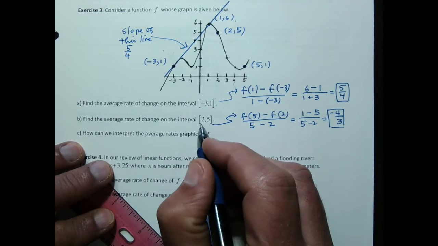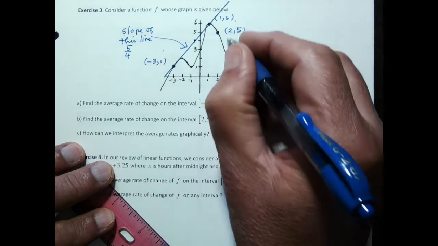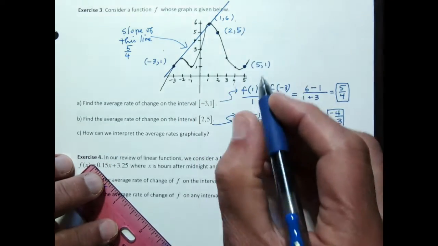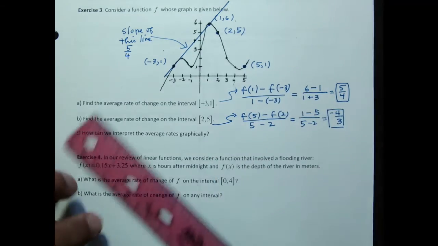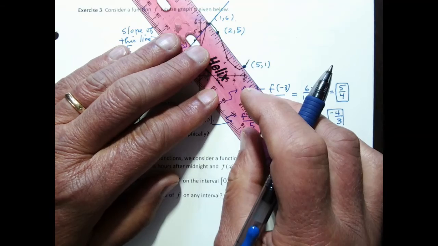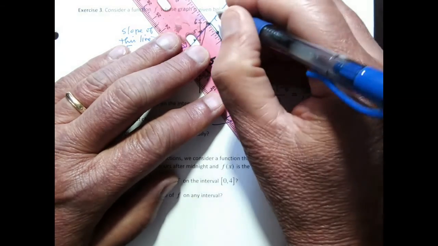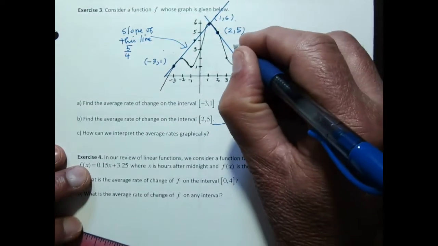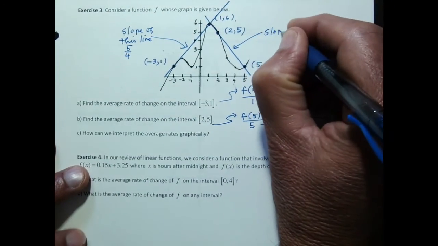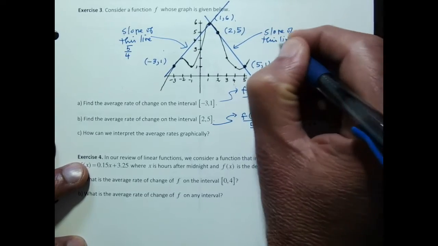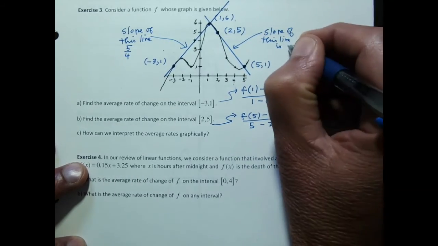As far as the interval 2, 5, we use the interval from 2 to 5, we use this point 2 comma 5 and this point 5 comma 1. If I connect up those 2 points with a straight line, so that's a different straight line, the slope of this line is going to be negative 4/3.